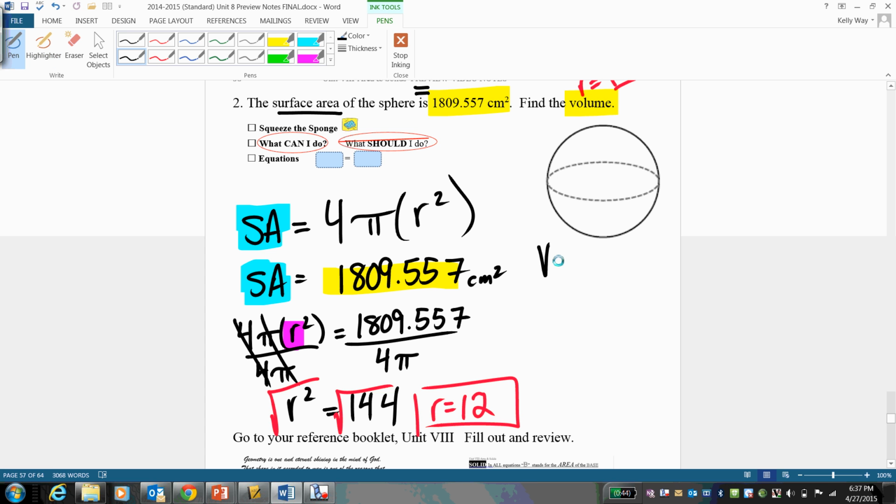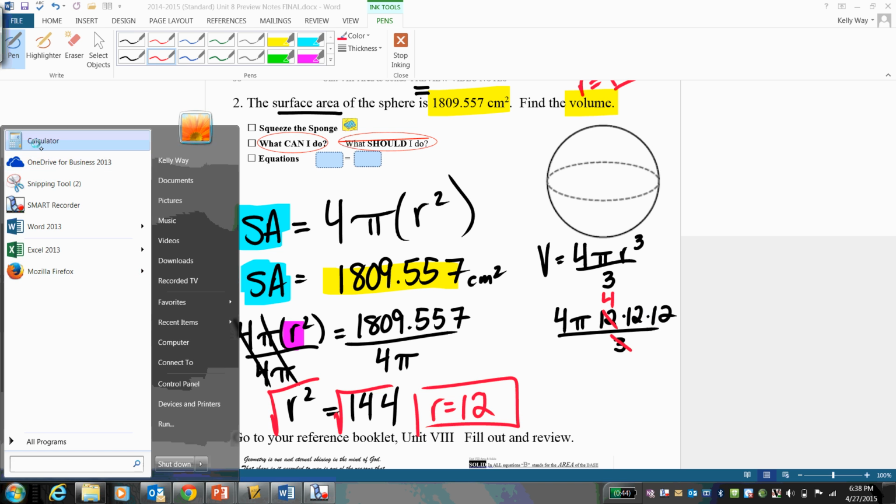So we write our volume equation out. 4 pi r cubed over 3. Now we plug it in. 4 pi, 12 times 12 times 12 over 3. Why did I do that? Because we can reduce. 3 goes in here 4 times. Now I'm going to just multiply straight across.